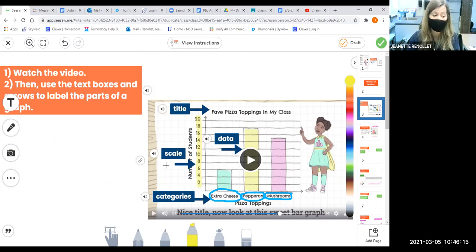That is our scale. We are counting by twos. When you make a graph, you need to know what your scale is, and you need to write your scale on the graph. Make sure that you have labeled your parts of a graph, just like I have on Zoom.